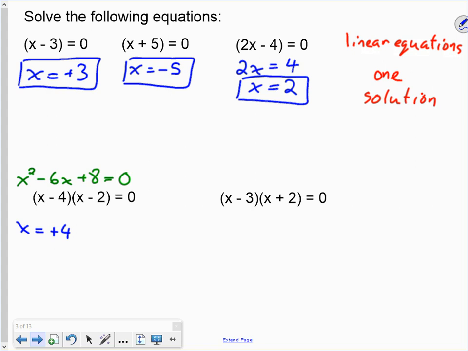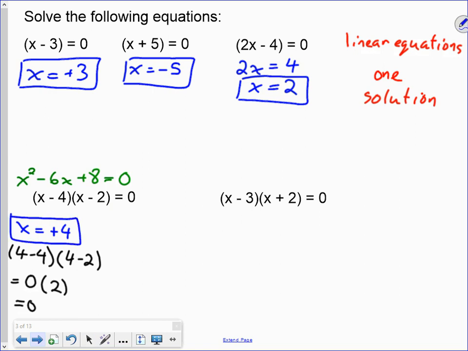Because if I sub in positive 4, I get 4 minus 4 in the first bracket times 4 minus 2, which is 0 times 2, which is just 0. So x equals positive 4 is definitely a solution to this equation. Another possible x value is x equals positive 2.